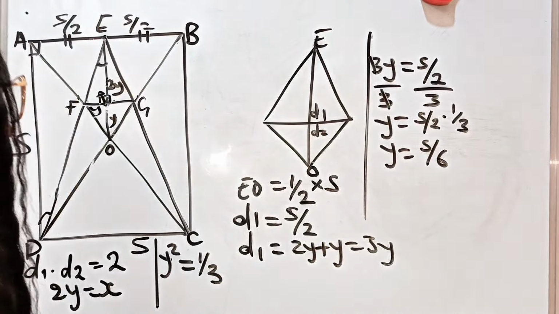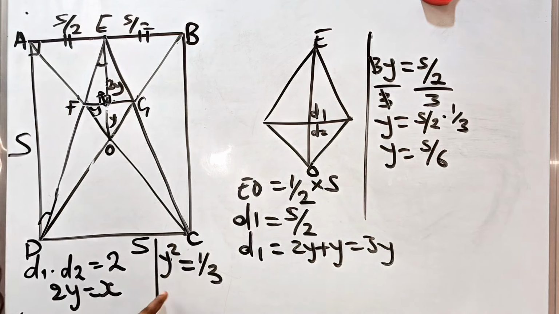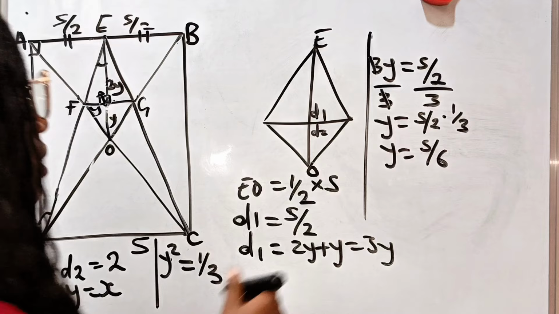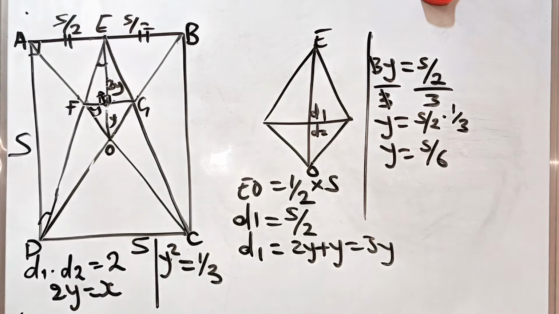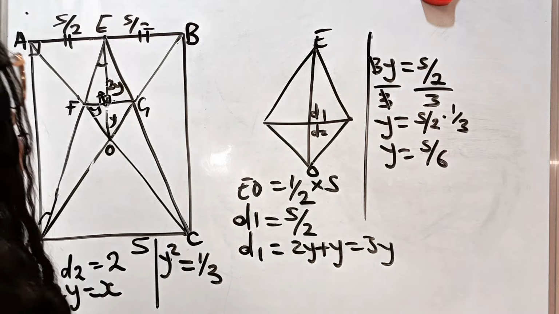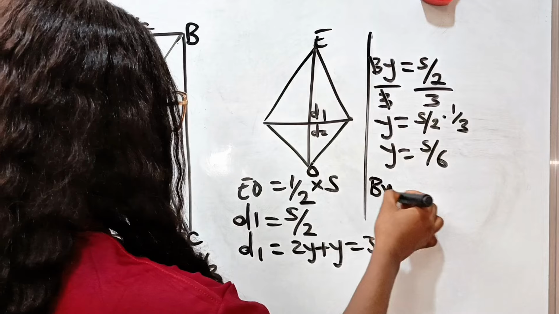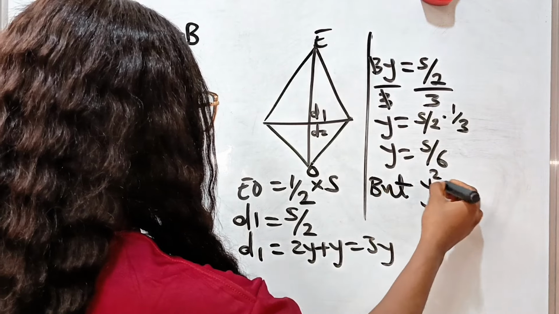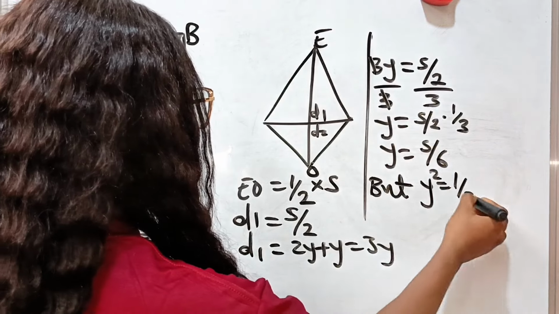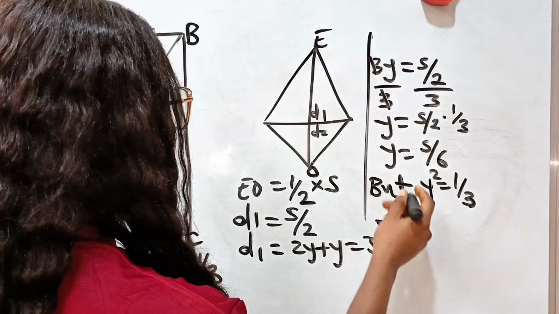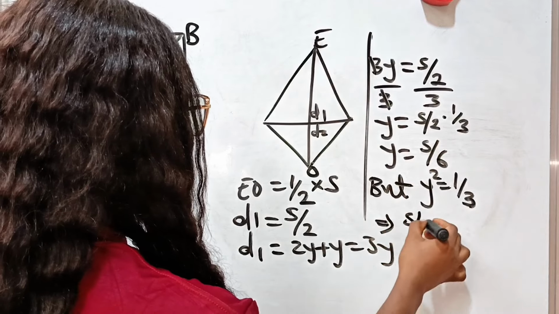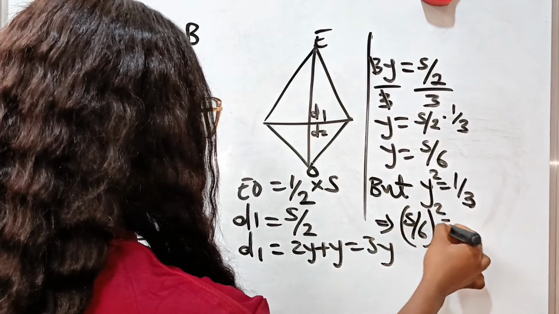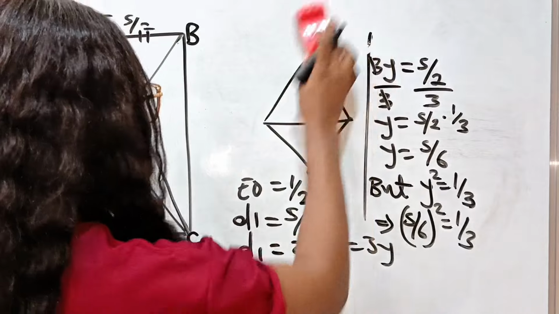Now, remember that from here, y squared is equal to 1 over 3. So we can say, but y squared is 1 over 3. So this implies that S over 6 squared is equal to 1 over 3.